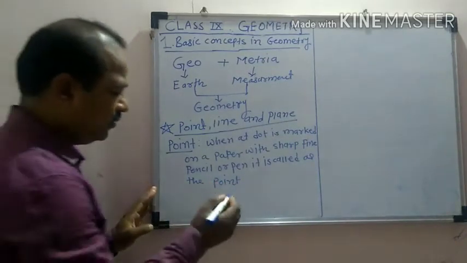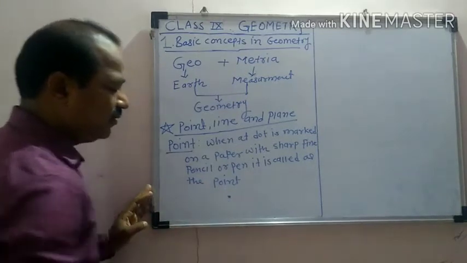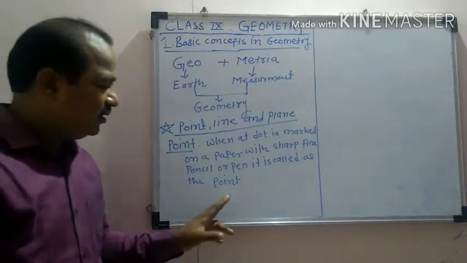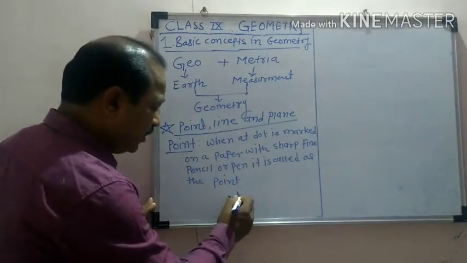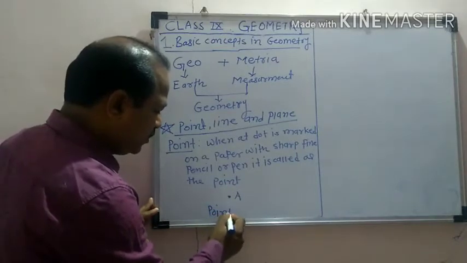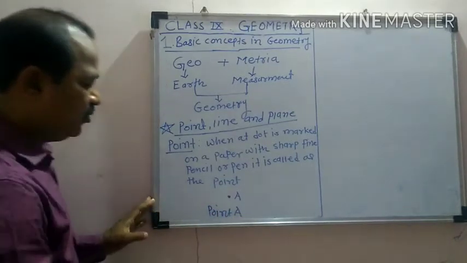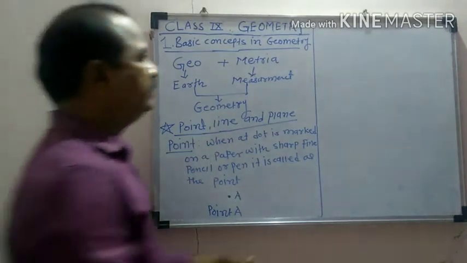If you put a pinpoint of your pencil, then the dot which is marked on the plane is called the point. Here it is point A. Clear about the point?